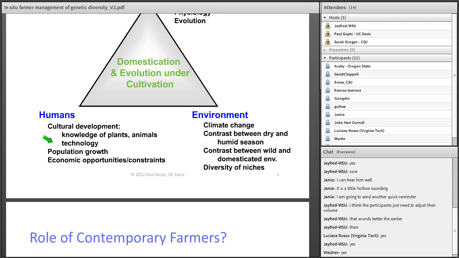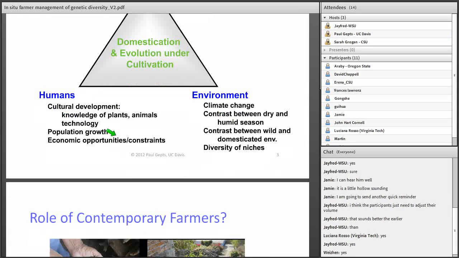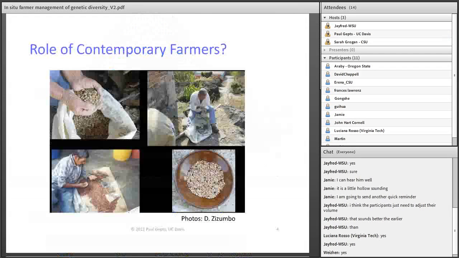The environment, we know that agriculture resulted as a consequence of a major event in climate change, which was the end of the last ice age. We see, for example, that the contrast between dry and humid seasons may be important. The diversity of niches and so on also plays a role.